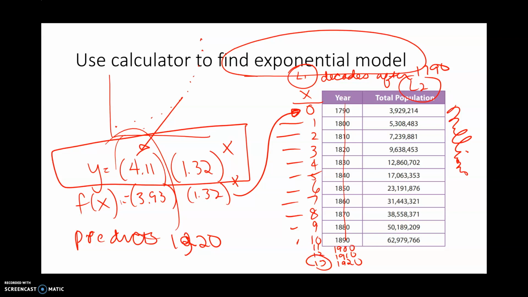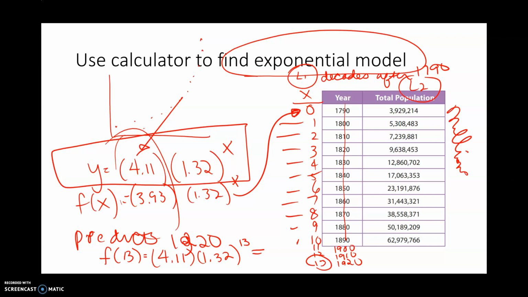So couldn't I simply plug in f at 13, use the regression data from the calculator, and calculate the population in millions of people, couldn't I?